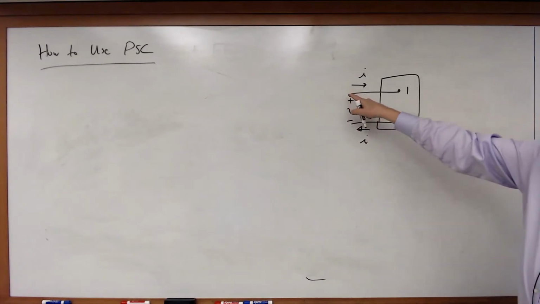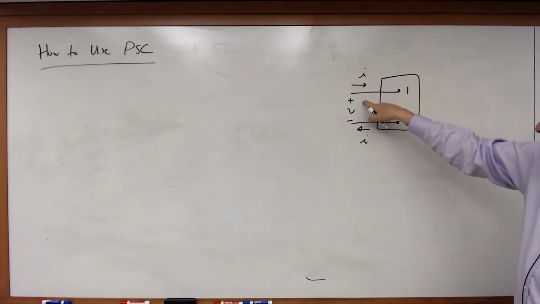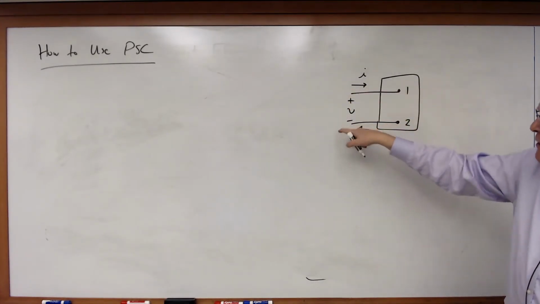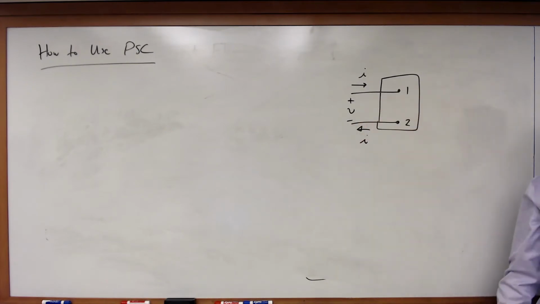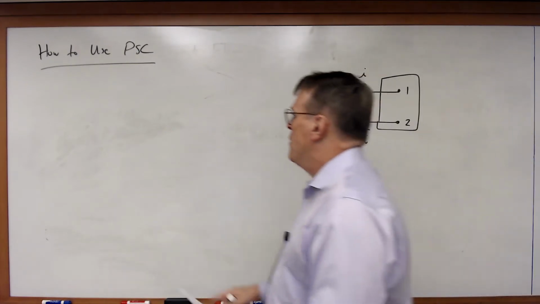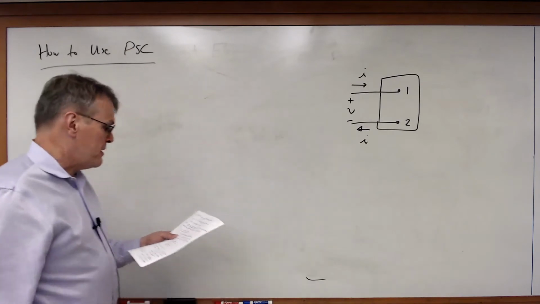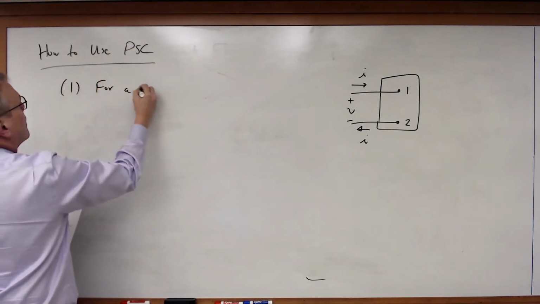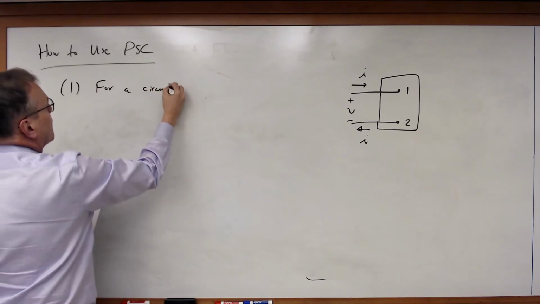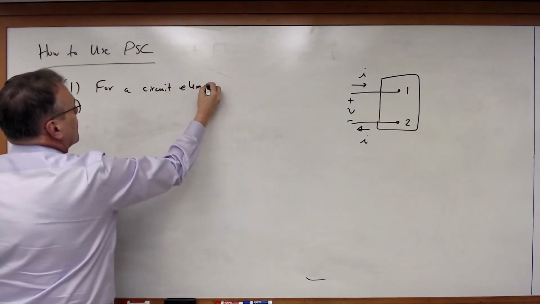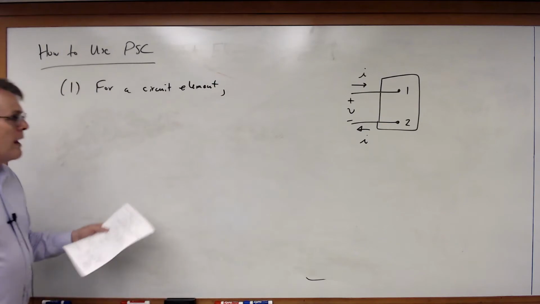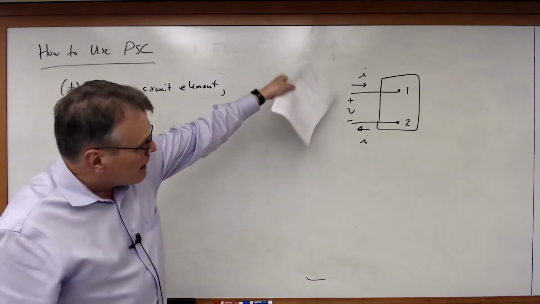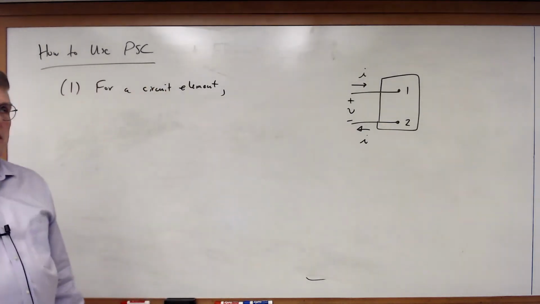I'm going to define the current as flowing in to the positive terminal and flowing out of the negative terminal as I define the voltage. So that's how we start the PSC. For a circuit element, let's define the directions and the polarities just as I've shown here.